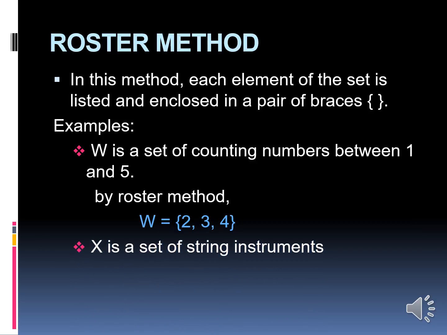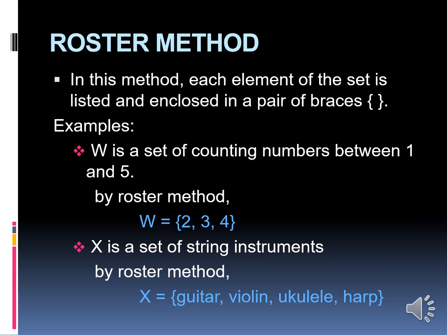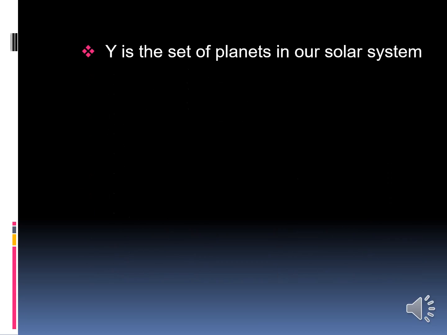Another example, I have set X, a set of string instruments. So by roster method, we write X has the elements guitar, violin, ukulele, harp. Y is the set of planets in our solar system.